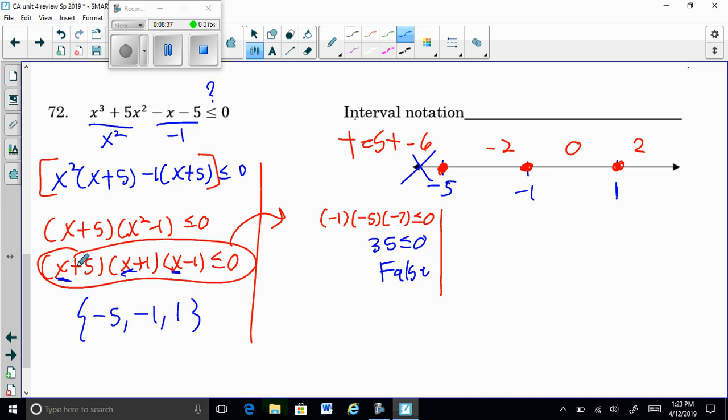Now we'll try negative 2. So once again, I'm plugging it into those 3 spots. So let's see what I get. I get a 3 times a negative 1 times a negative 3. We want to know if that's less than or equal to 0. And actually, I apologize, I did actually make a mistake here. That should be negative 35.